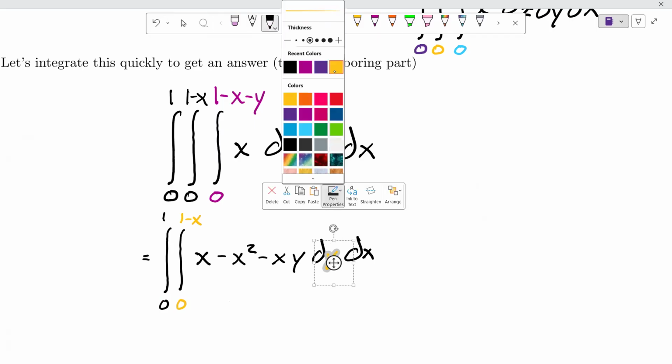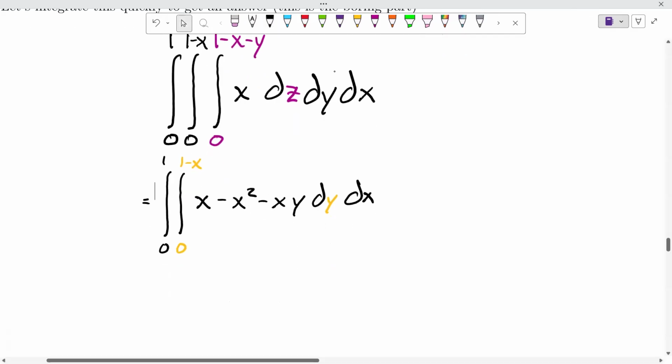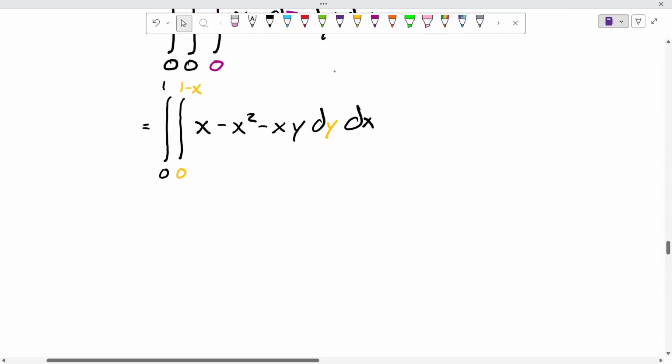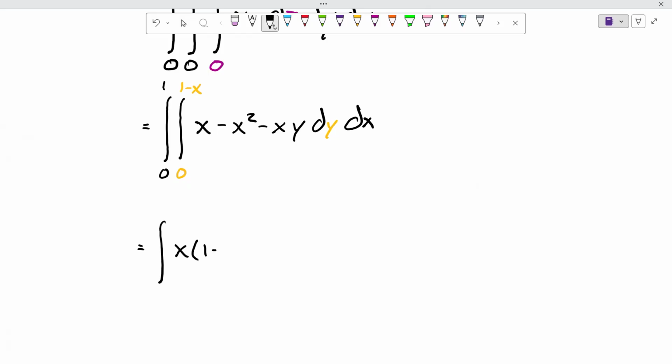And now it's time for a y integral. Let's try that part next. So if I'm going to do that, I'll still have one integral left. On the one hand, x minus x squared, neither of those depend on y. So I'm just going to call that x times (1 minus x) times y after I integrate it.